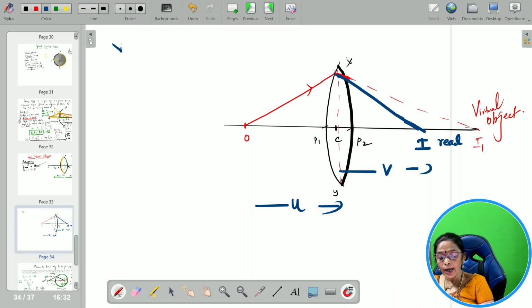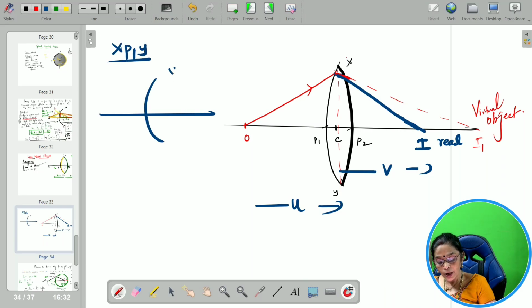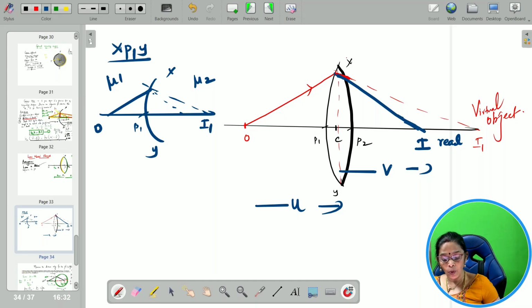For the XP1Y surface, we have already learned that the ray of light is travelling from mu1 to mu2 and you get an image here, that is I1.